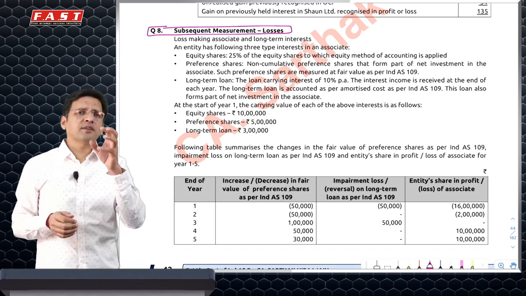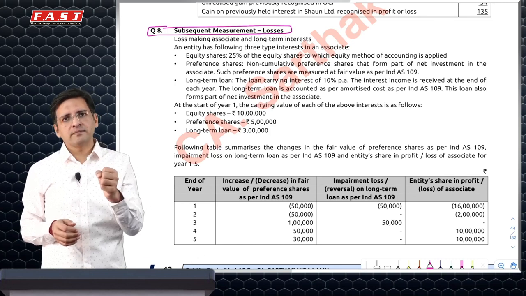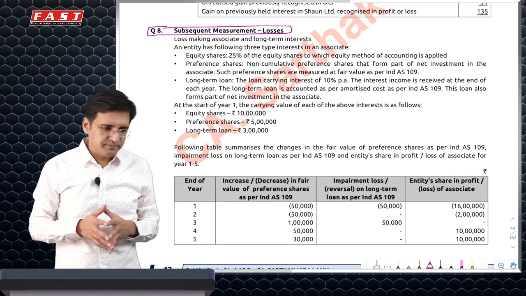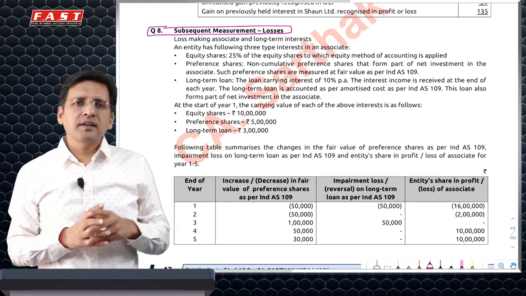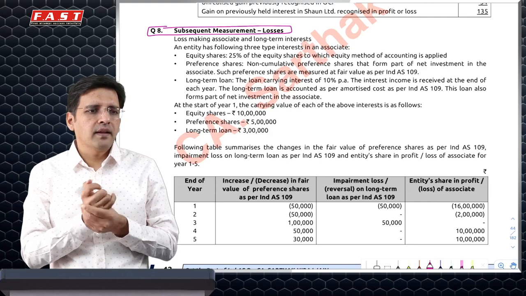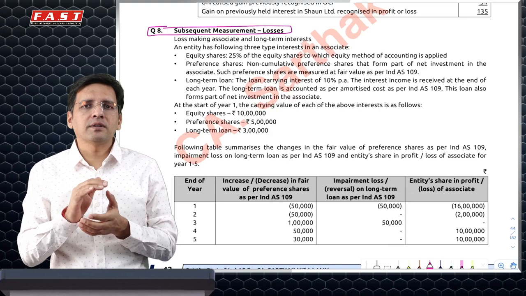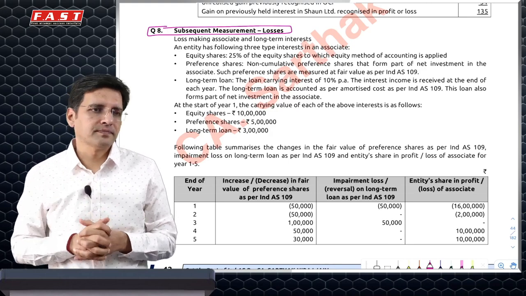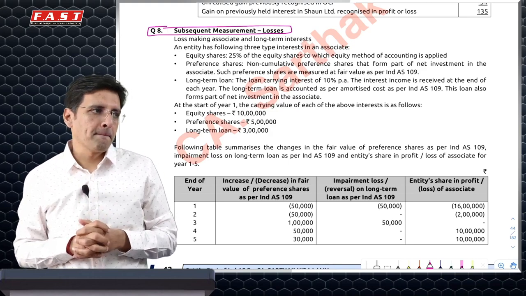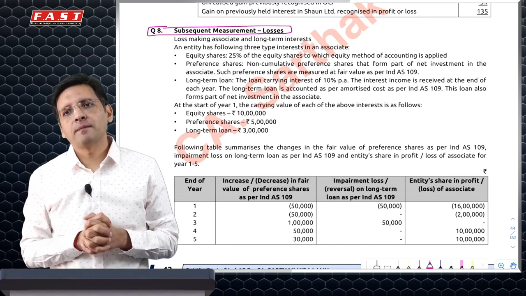So I invested, say, 20 rupees, acquired a 20% stake in a company, say Paytm. Now, that Paytm is making a huge amount of losses. Let's say, for example, it incurred a loss of 110 rupees in the next year. My 20% share is 22 rupees. Now, please understand.